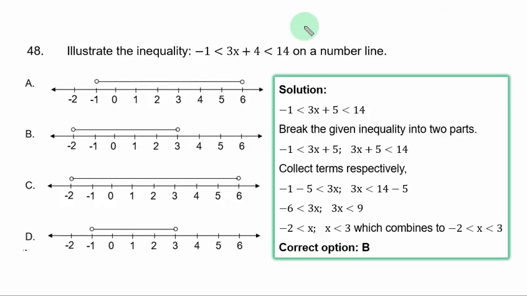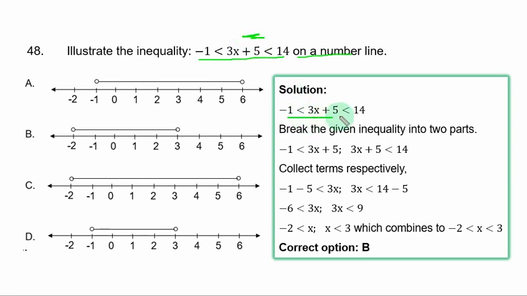Question 48. Illustrate the inequality -1 less than 3s plus 4 less than 14 on a number line. You need to solve the given inequality. This term is 5, not 4.